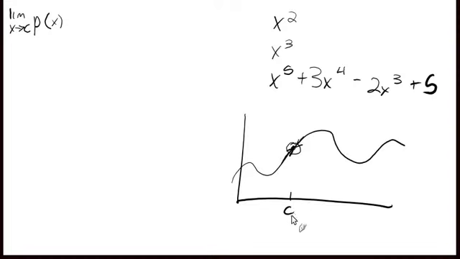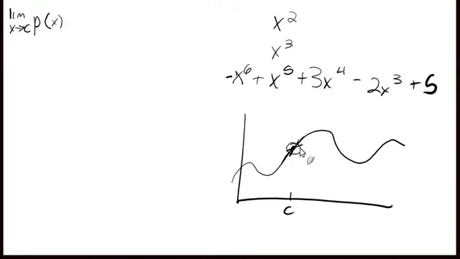If I were to take c and plug it into this function, say this were the graph of this function, which it couldn't be, but let's pretend, then I would get this y value right here.